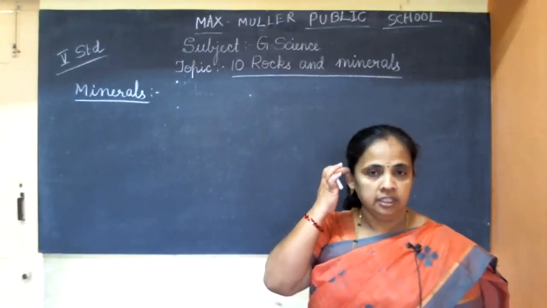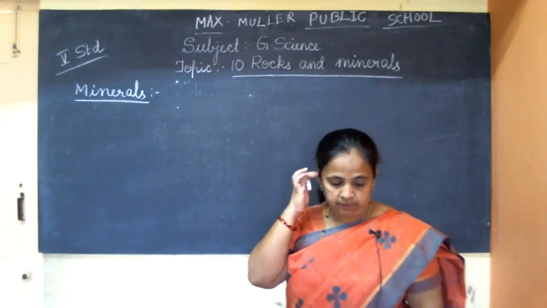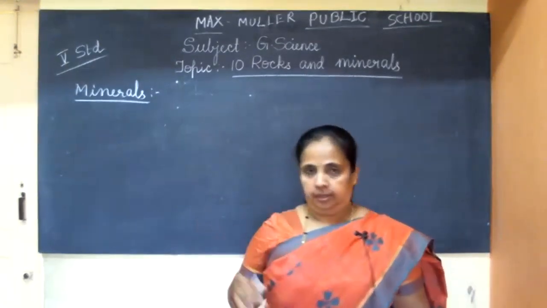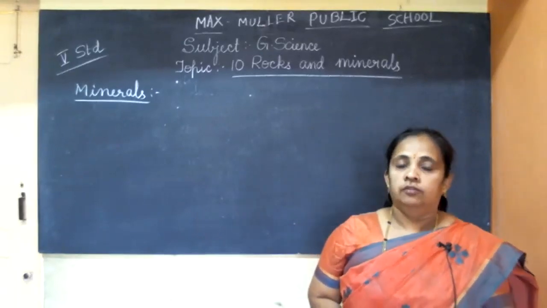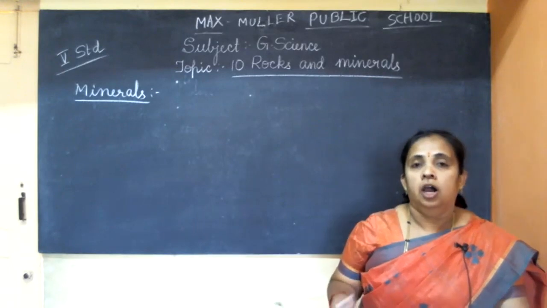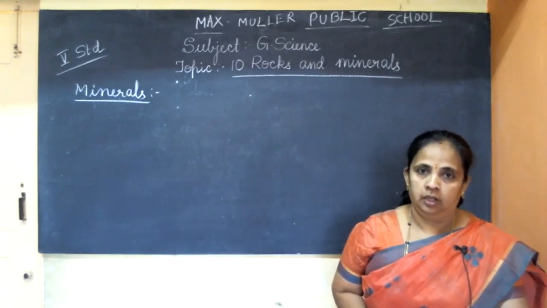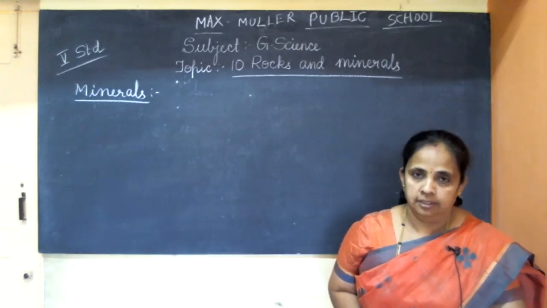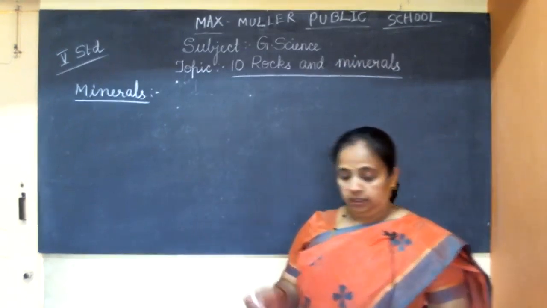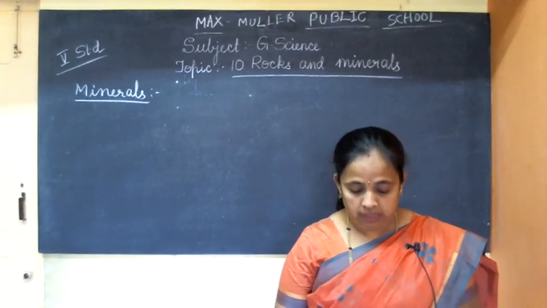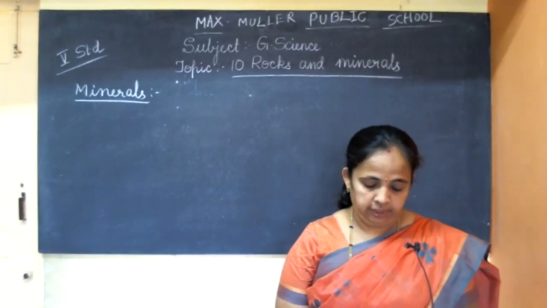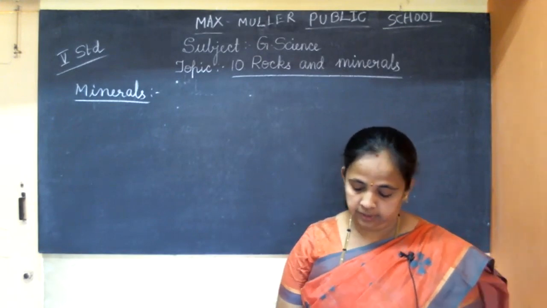They are found in nature. Rocks may contain one mineral or different minerals in them, and based on that they are classified into three types, as I told you yesterday.